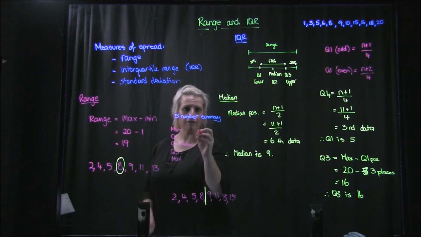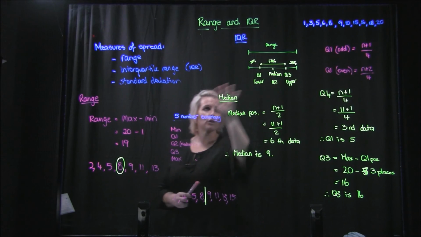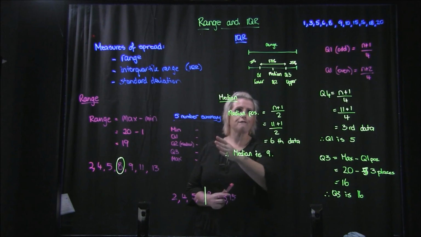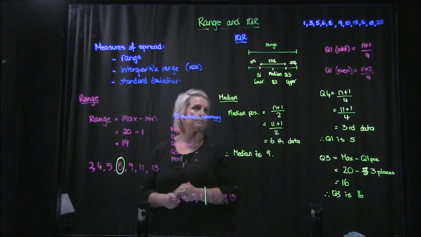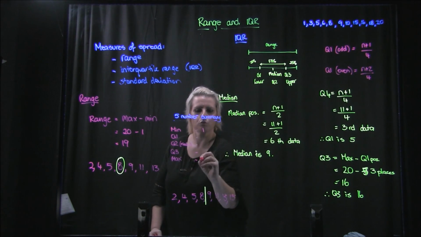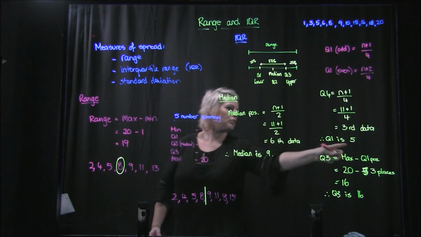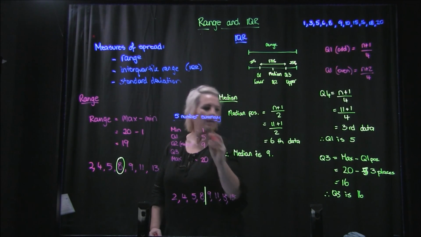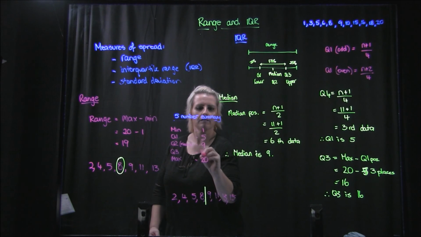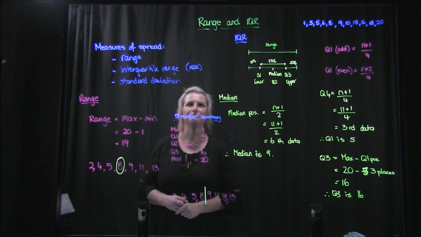They are our 5 numbers. Whenever we work out IQR, we finish with a 5-number summary. So the minimum is 1, the maximum is 20, my median is 9, my Q1 is 5, and my Q3 is 16. Here we go, my 5-number summary.